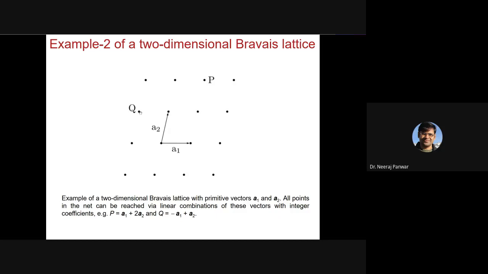If we want to reach another point Q, if we invert A1 it becomes minus A1, and this is A2. So we can reach point Q by the translation vector minus A1 plus A2.